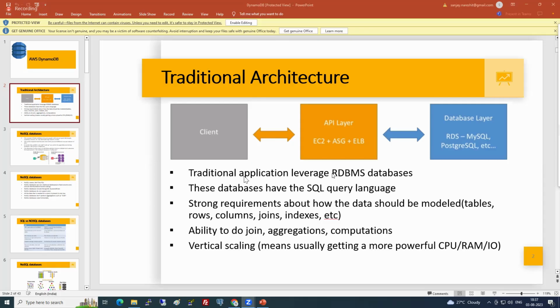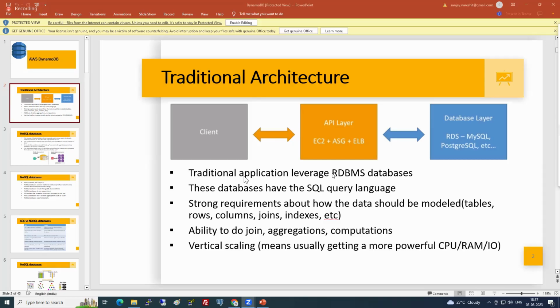Also, if you want to increase the performance of your RDBMS databases, let's say in RDS we have Postgres. What do you do in RDS? You create read replicas, or you can scale up.